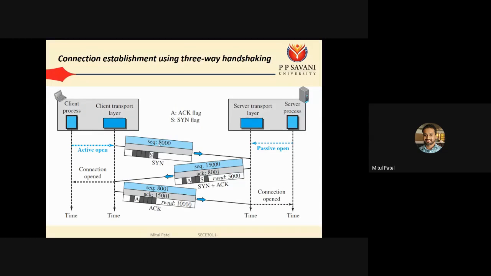So let's assume that the client has selected the sequence number equal to 8000. Now we have these 6 different flags, but what is the aim of this segment? It is used for synchronization. That means we need to synchronize our sequence number and acknowledgement number both at the sending side and receiving side.